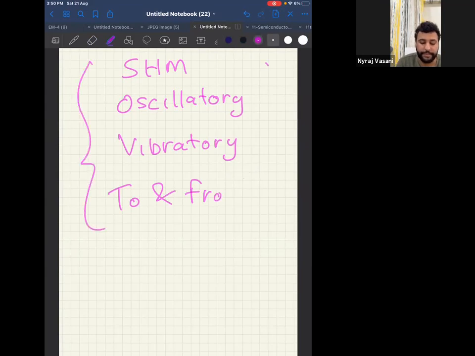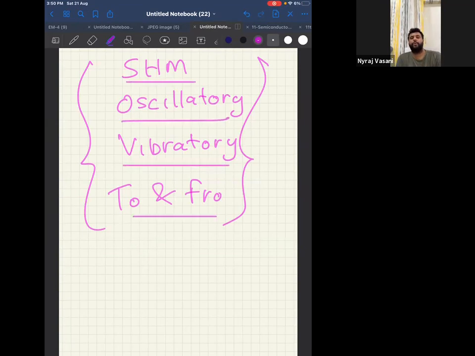They don't mean the same actually, but for you they mean the same. Simple harmonic motion, oscillatory motion, vibratory motion, to and fro motion. These are the alternate names for simple harmonic motion.